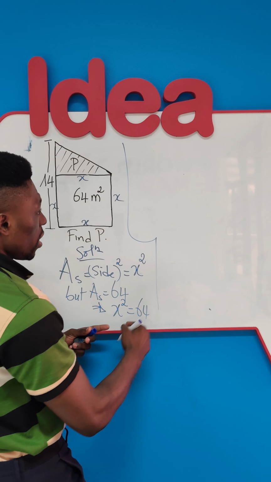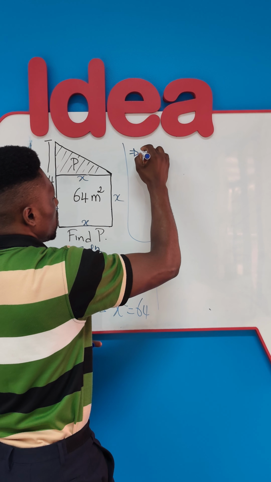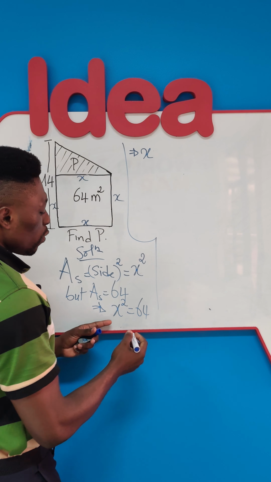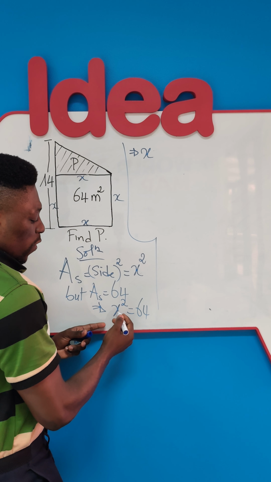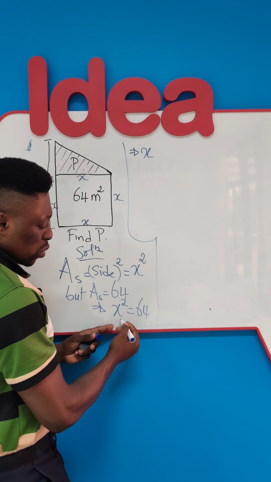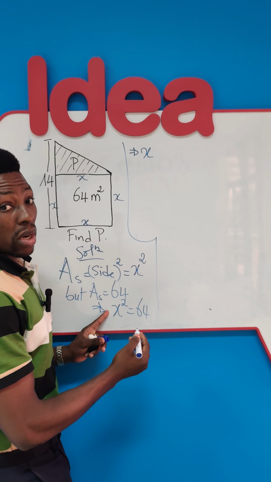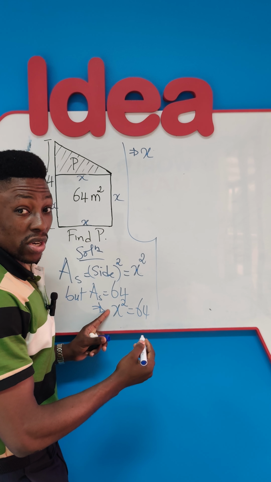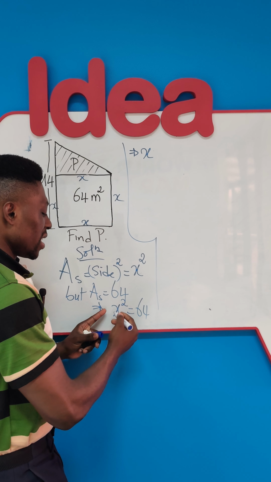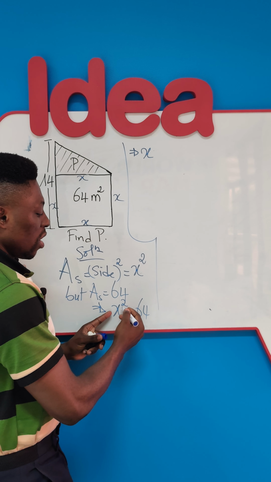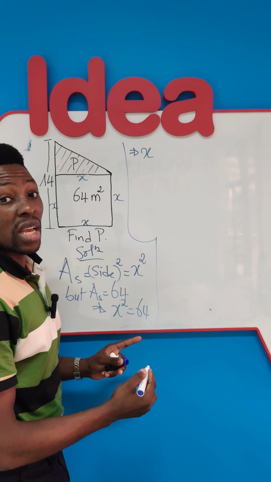Okay, so from here we can therefore say, it means x. Be careful here not to say that to find x, divide both sides by 2, because 2 here is not a factor, it's not a coefficient. 2 here is an index. So we raise the reciprocal or the inverse of this index, which is a half.